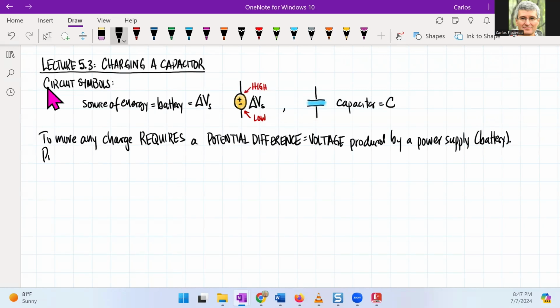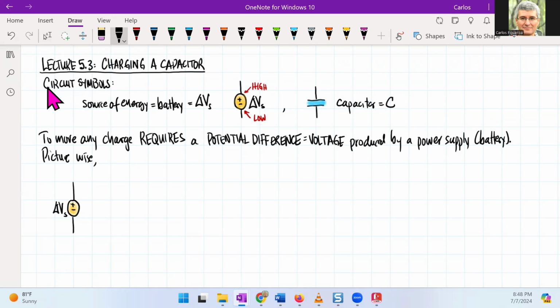So picture-wise, we want to look at what this statement actually means. So if I have a battery and it's connected, what it's going to do is, of course, supply voltage to the circuit.